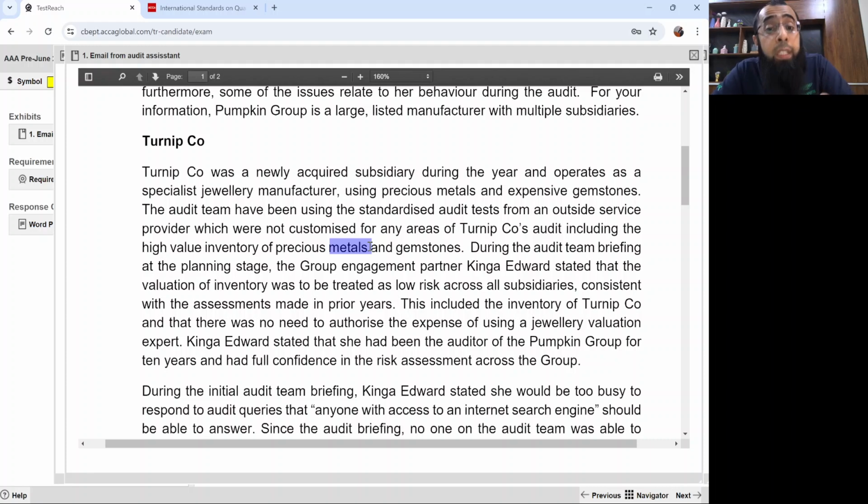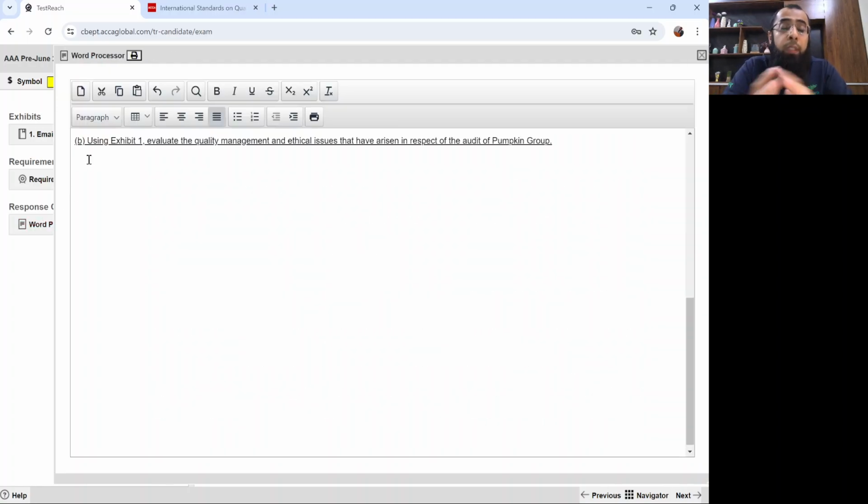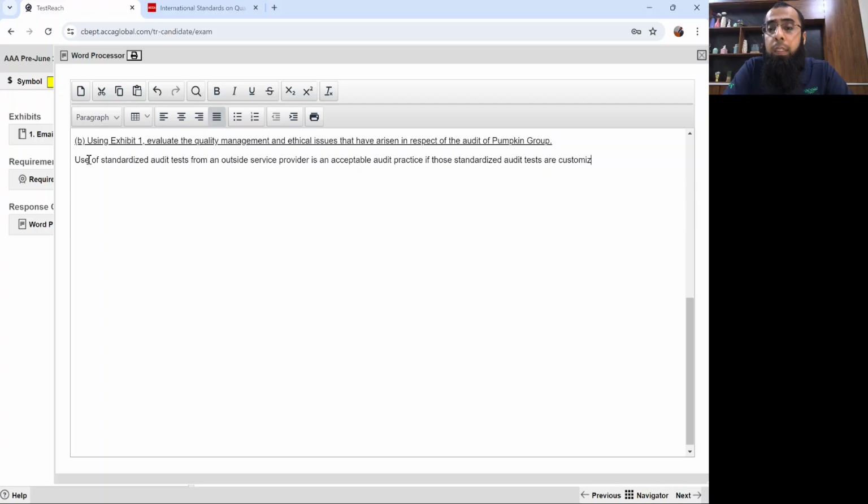This means that the audit activity which was performed was not related to the client's business and its operations. Okay, let's draft a point relating to it. I want you all to listen to me carefully. Use of standardized audit tests from an outside service provider is an acceptable audit practice if those standardized audit tests are customized or adapted according to the client's business and its operations.